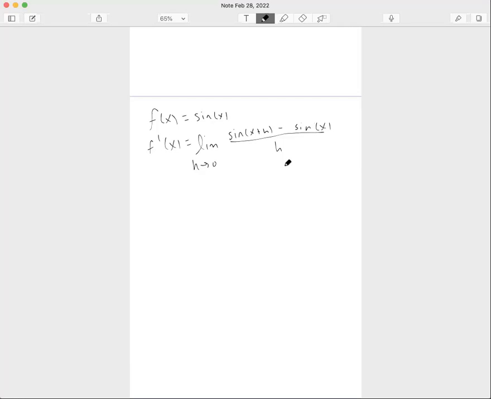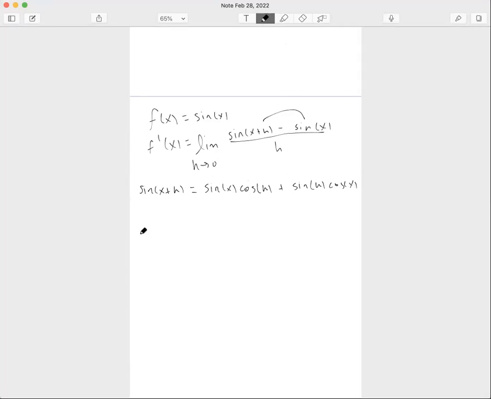If you were here last class, we did a similar question, but with cosine. We cannot factor out sine, right? These are different things. This is sine of x plus h, and this is sine of x. I have to use the angle formula. Notice that sine of x plus h, something you really should remember, is sine of x cosine of h plus sine of h cosine of x.